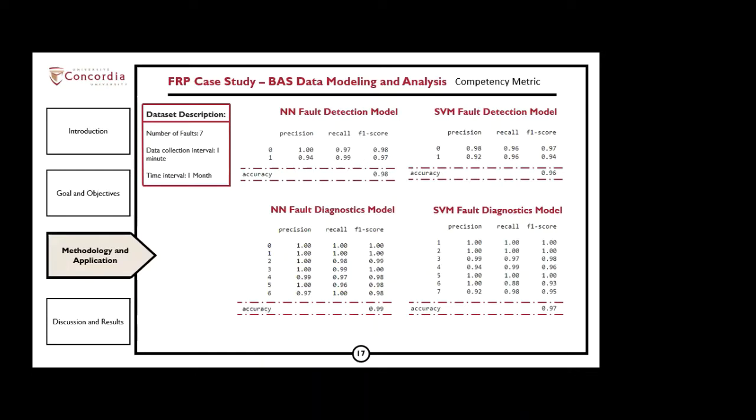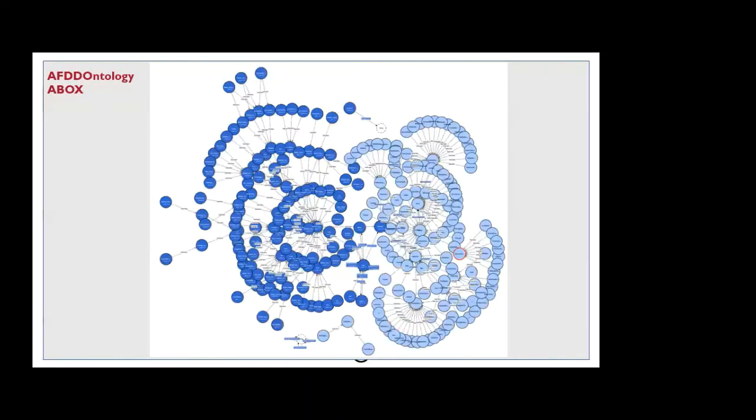One is a neural network, and another one is the SVM model. I don't want you to get into the detail of how this looks. Basically, once we have the BIM information that I've shown on the first slide of the case study, and the second one from the BMS, once they are populated into the ontology, this is how the A-box looks once it is populated.